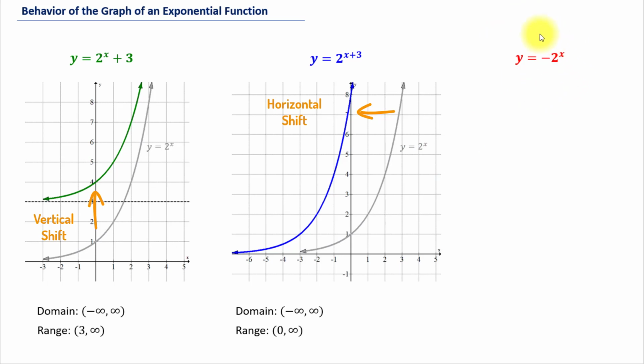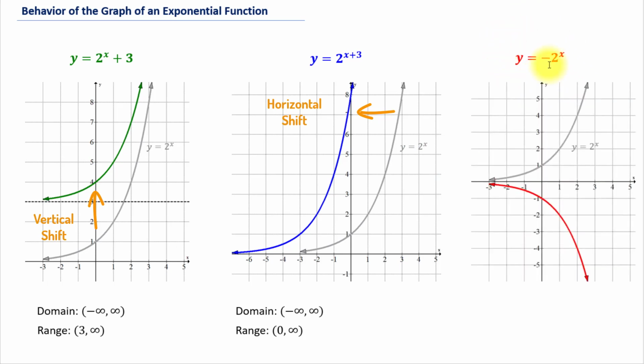And finally, the function where we have a negative sign placed in the front. This negative sign indicates the reflection. To obtain the graph of this function, we simply take the basic graph and reflect it over the x-axis. The domain of this function is the same as for the basic one, from negative infinity to positive infinity, all real numbers. But what can we say about the range, or all possible y values, for this function?